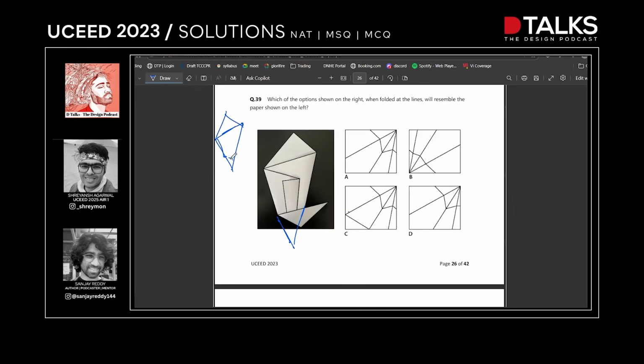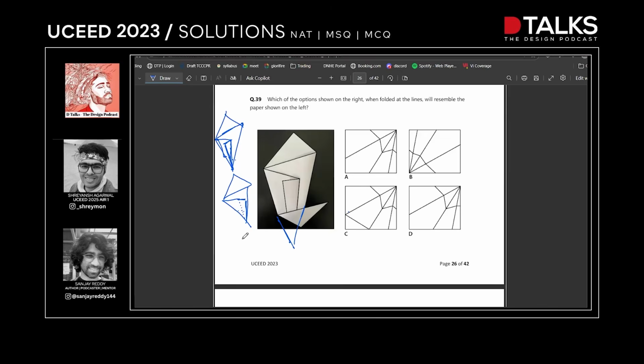There's going to be a line over here, and this huge folded part like this. Then second step, let's open this. There was a fold over here, and there's going to be a fold over here, like this.